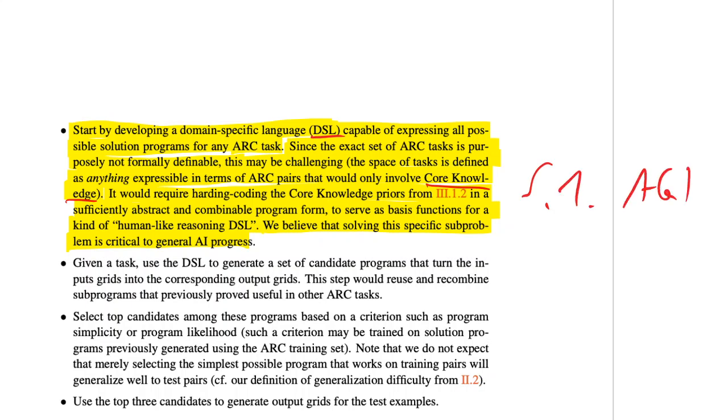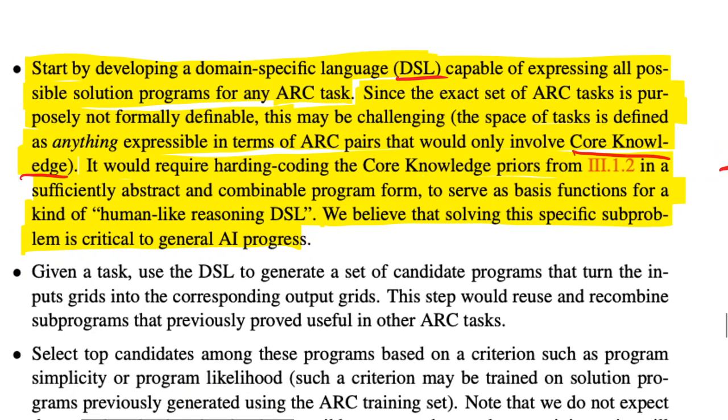I mean, not exactly, but it's kind of what this says, right? If I could actually have this DSL to describe every single task, and I could do it such that it is not super over-capturing all the tasks, then I would have described human core knowledge to a sufficiently accurate degree that I could just build AGI.